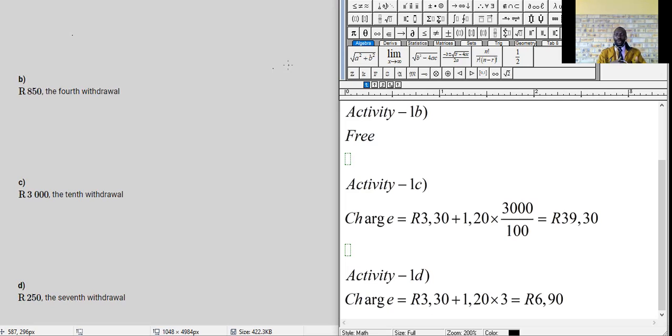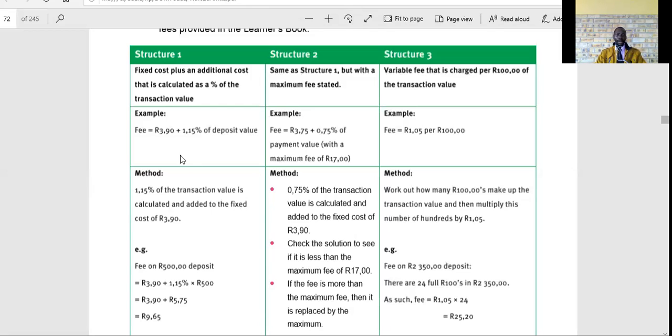Okay, so I had talked of comparing the different charges. So this is one way that appeared as the last example here. So here in structure 3, a variable fee that is charged per 100 of the transaction value. You see, that is exactly what we have been looking at. Like in this case, the fee is 1.05 per 100 rand.